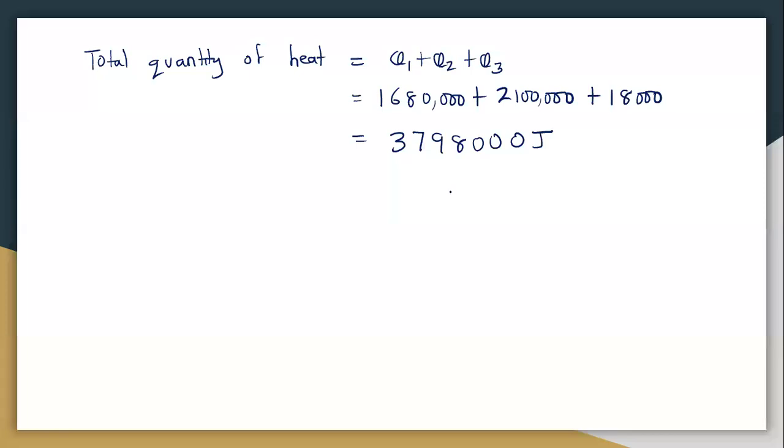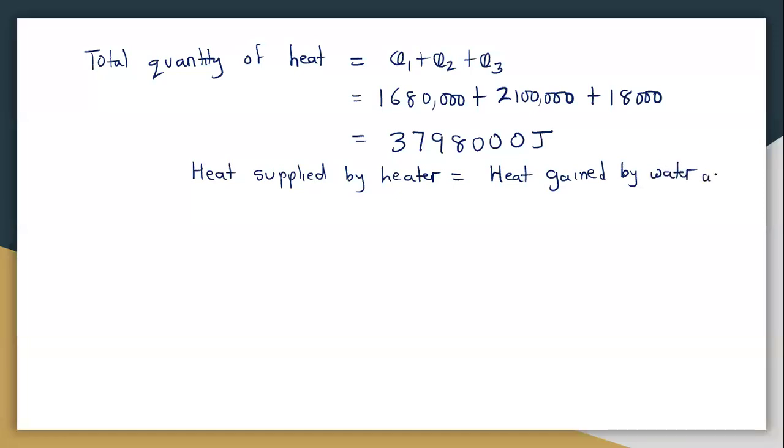But you need to remember, what are we finding? We are finding the time. So in order for us to find the time, you know that the heat supplied by the heater will always equal the heat gained by the water and the heat gained by the saucepan.